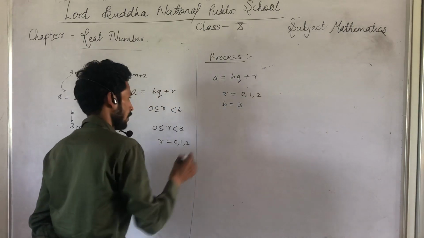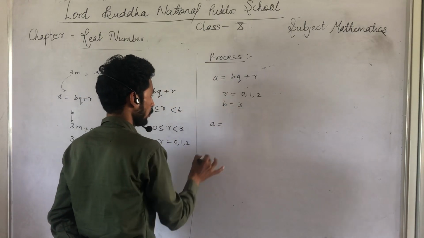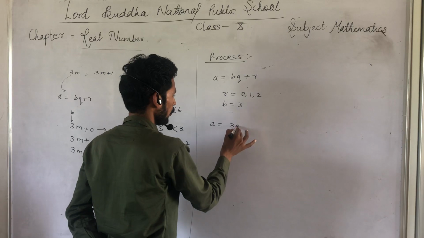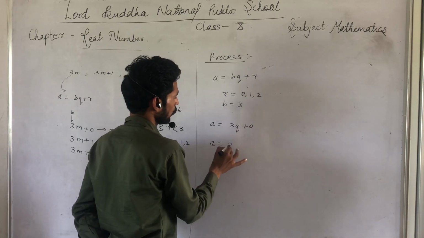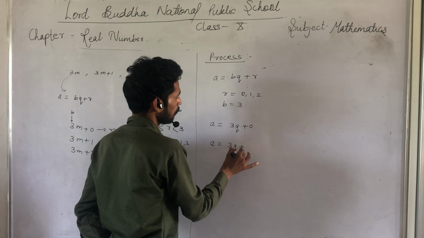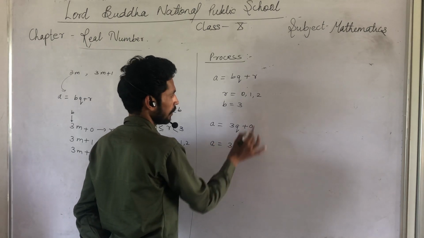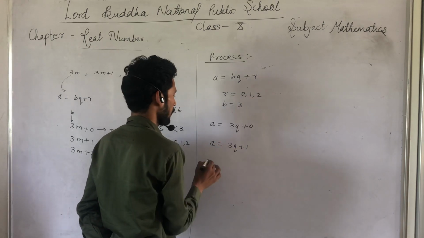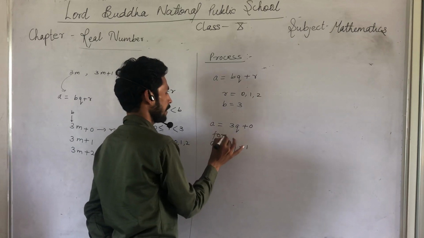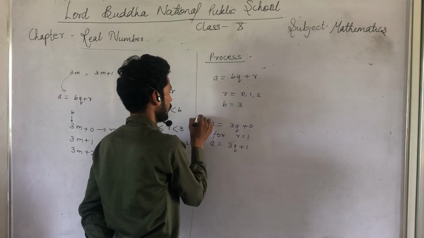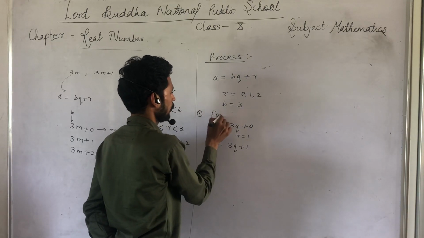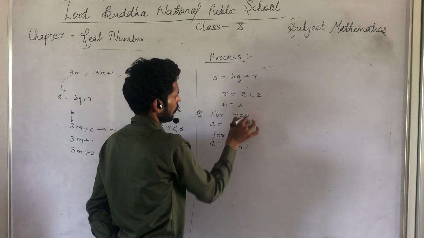Now, A equals 3Q plus 0, for R equals 0. Next, A equals 3Q plus 1, for R equals 1.